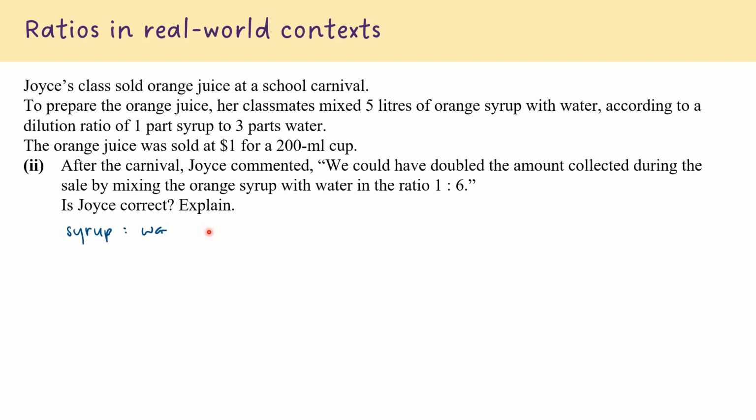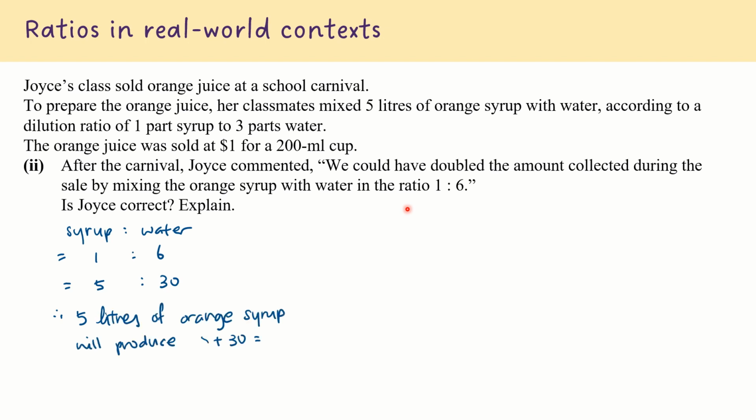So in this question, our dilution ratio is 1:6. That will mean that if I have 5 liters of orange syrup, I will require 30 liters of water, such that my total amount of orange juice produced is 5 plus 30 equals 35 liters of orange juice.